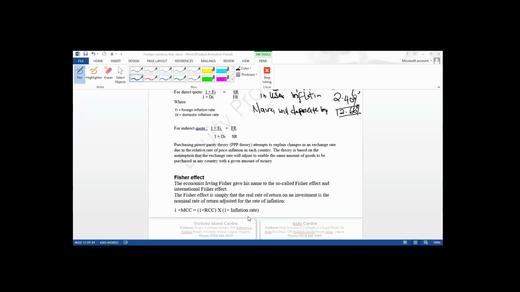Your RCC, real cost of capital, is the cost of capital without inflation. Then you have your inflation rate.